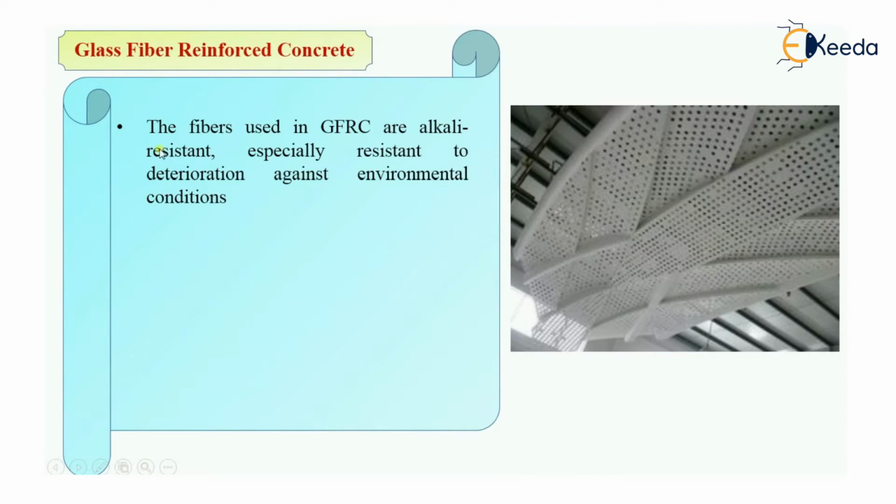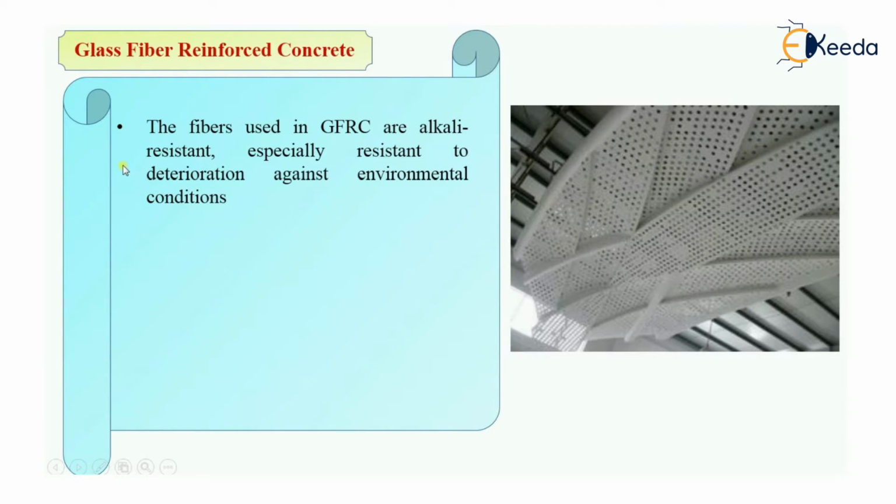As we have seen in its properties, the glass fibers used in glass fiber reinforced concrete will be alkali resistant and resistant to deteriorating actions such as environmental conditions, meaning they will possess good properties against environmental or weathering actions.